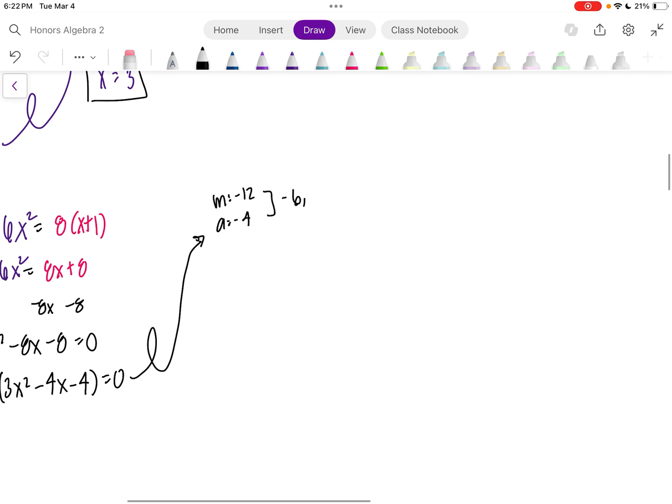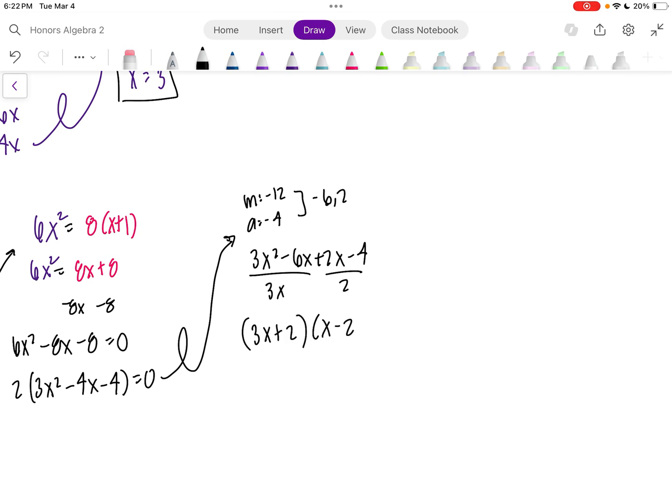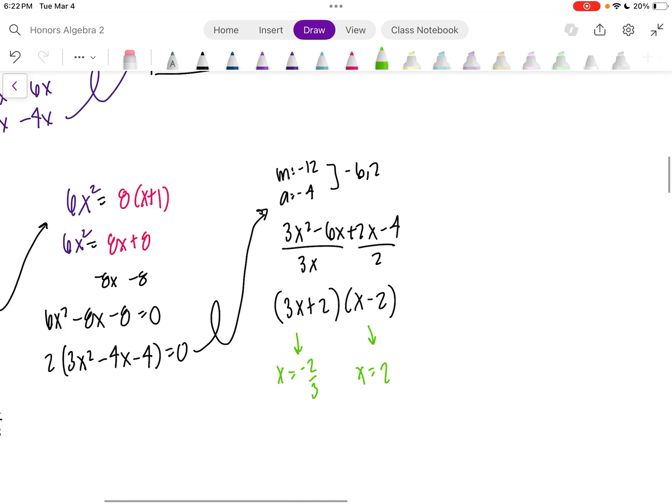That's going to be negative 6 and 2. So 3x squared minus 6x plus 2x minus 4. Pull out a 3x, pull out a 2. So then this is going to be 3x plus 2, x minus 2. So my two answers would be x equals negative 2/3, and then x equals positive 2.